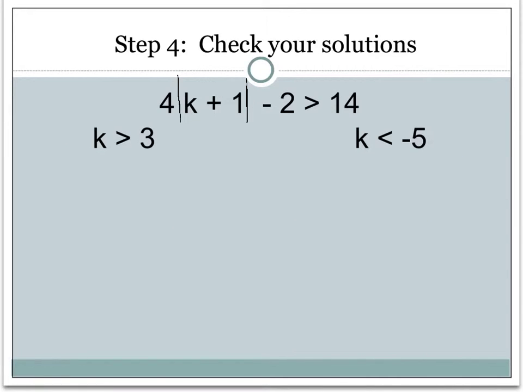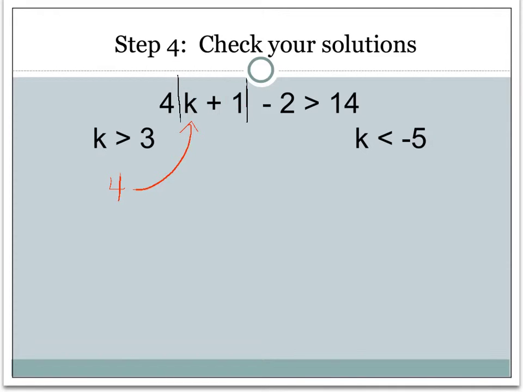Now the last step is to check our solutions by plugging values back into the inequality that we started with to see if they make sense. We'll start with k is greater than 3. Let's choose 4 as a value to plug in for k. 4 plus 1 is 5.